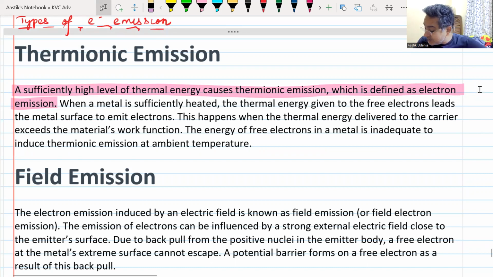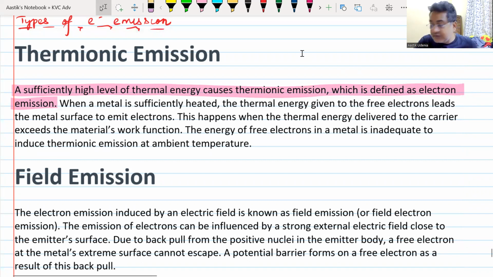If you place this metal in an electric field, this electric field is going to accelerate these electrons, yes or no? Yes. The energy they will acquire will be given by Q into V, yes or no? We have just seen that so many times, yes or no? Yes, sir. If I put sufficient electric field, I may be able to eject electrons.